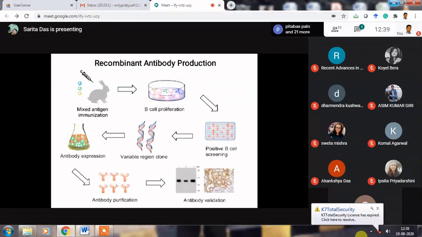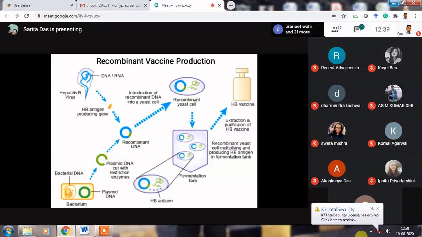Through this we can identify that it is produced in pure form, and then we can use it. Next, for recombinant vaccine production, we know that if it is an enveloped virus, then it will have some envelope proteins, and every virus has capsids. So either capsid proteins or envelope proteins can be produced on a large scale as a vaccine candidate.